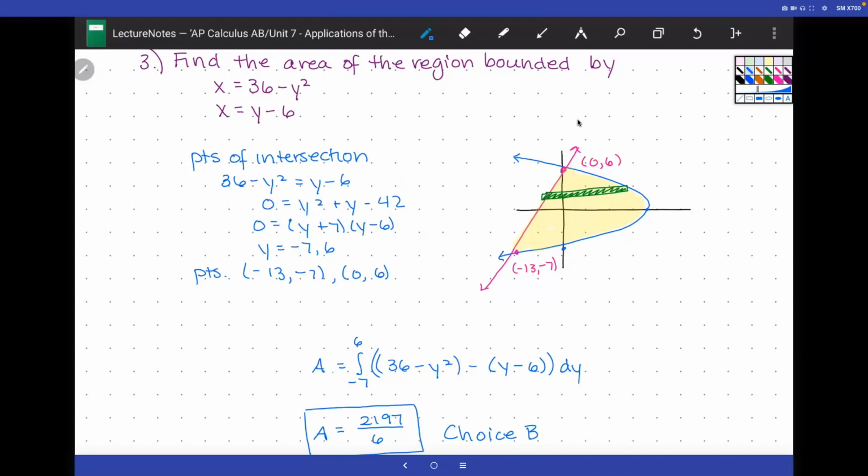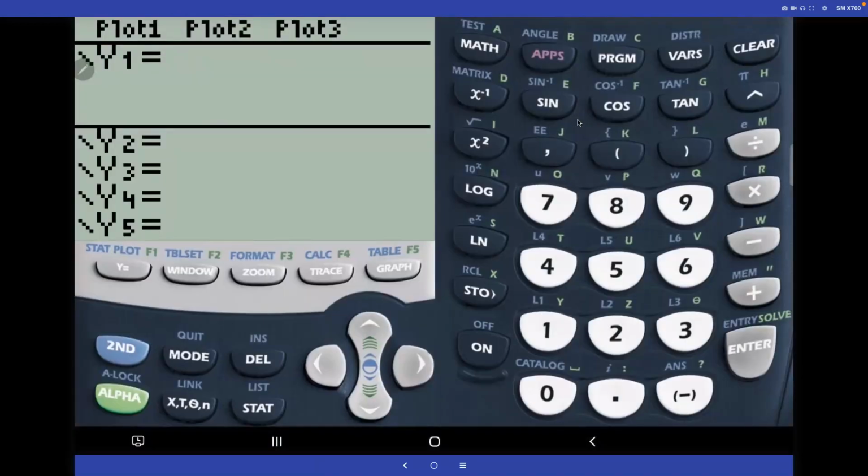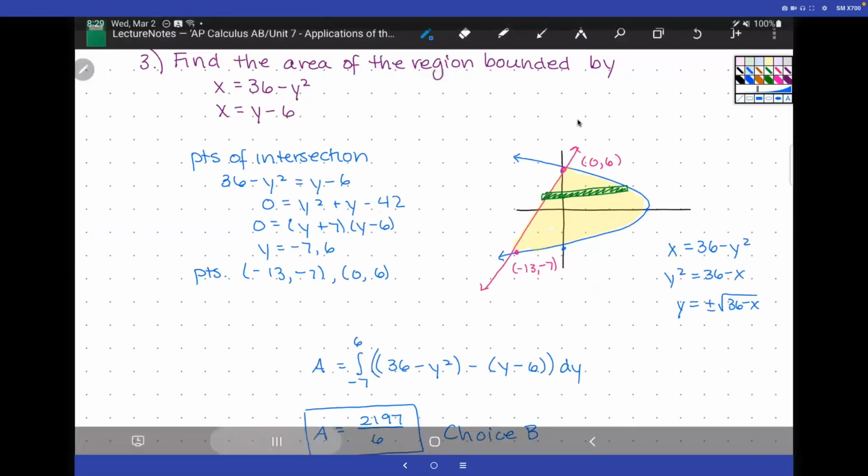Now, the one thing you could do, because you can do this, let's say we start with x equals 36 minus y squared, and you're like, well, I know it's got to be solved for y, so I'll solve for y. So y squared is 36 minus x. So y is plus or minus the square root of 36 minus x. So you can then do this. I forgot what it was. 36 minus x.